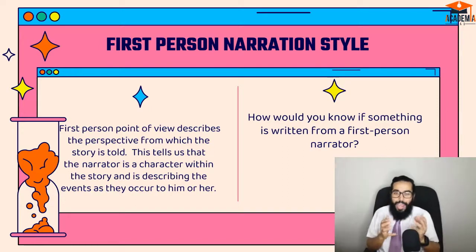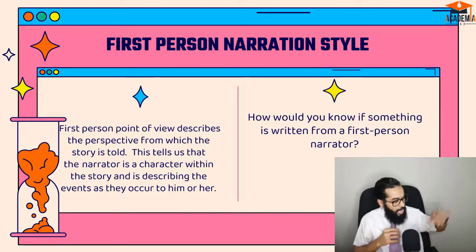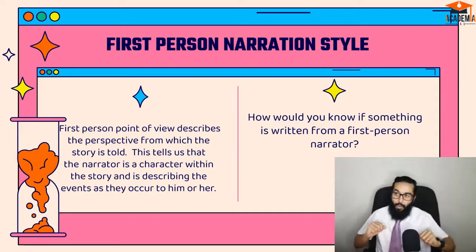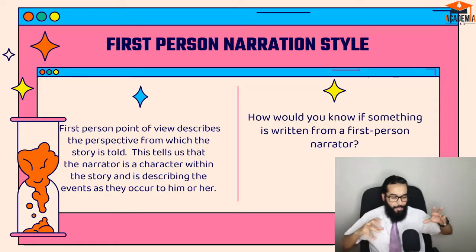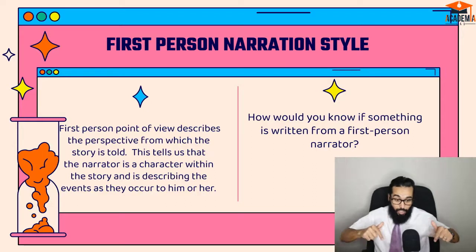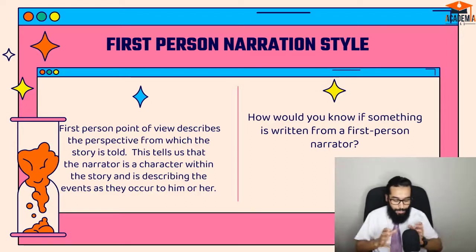So we've got a character in our story, let's say James, or John, and James is narrating the story, telling us what's happening to him and to everyone else in the story as well.